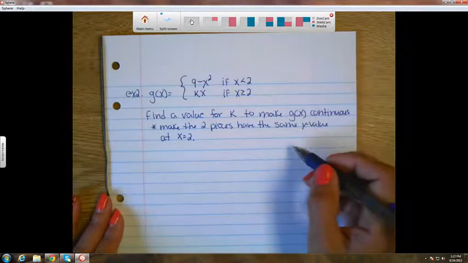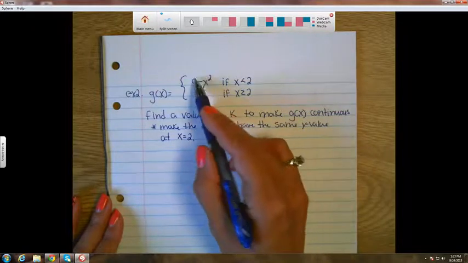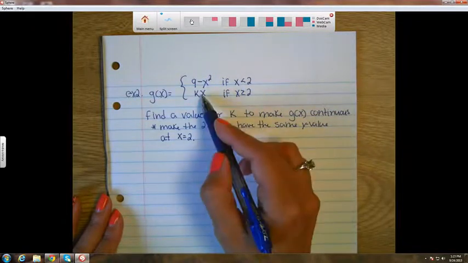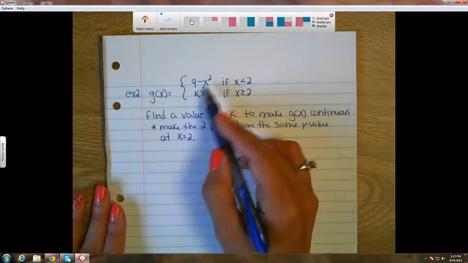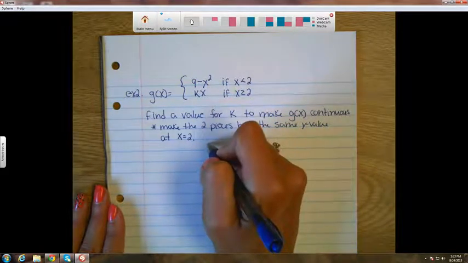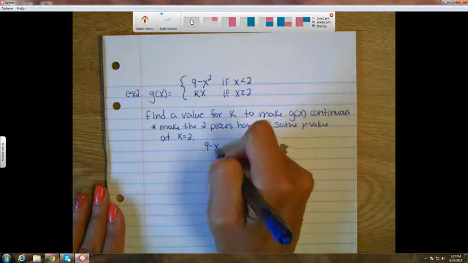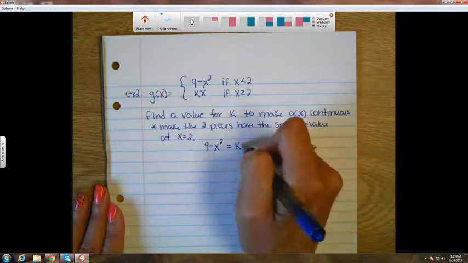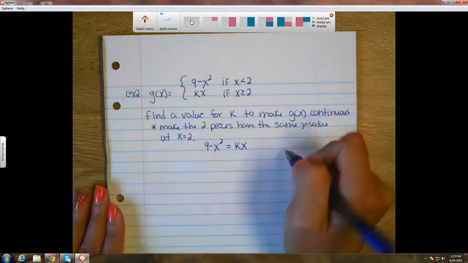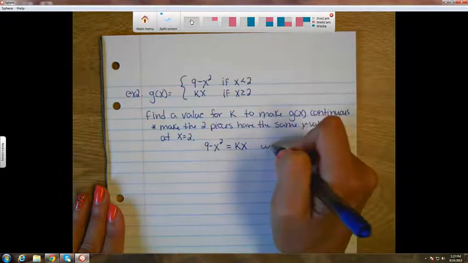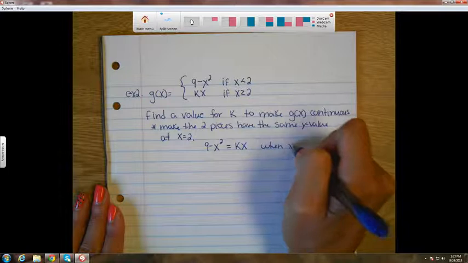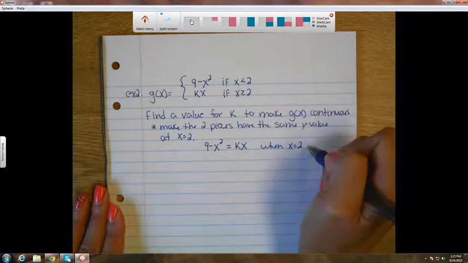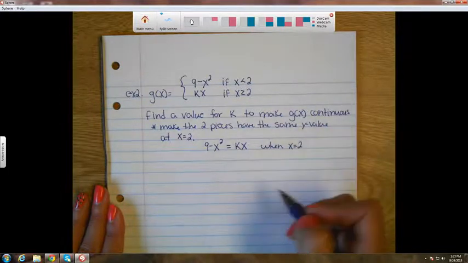Well, remember, each of these expressions gives you a y value if you plug the x in. So all I need to do is set these equal to each other. So I need 9 minus x squared to have the same value as k times x when x equals 2. If I just plug the 2 in for all the x's, that leaves just the k that I can then solve for.